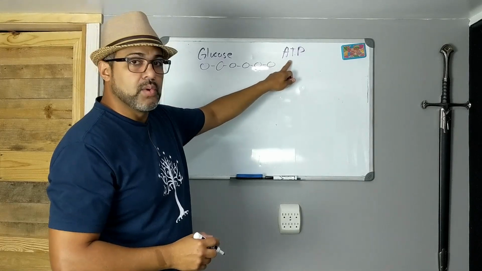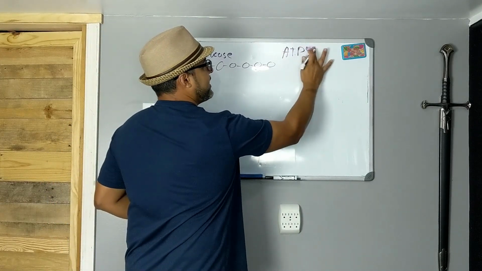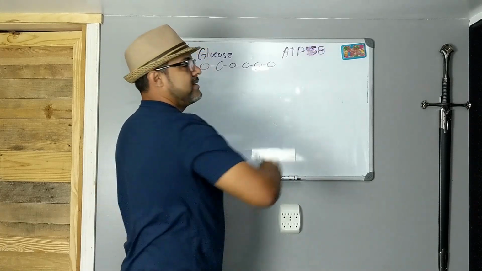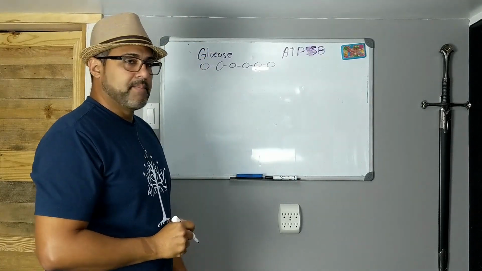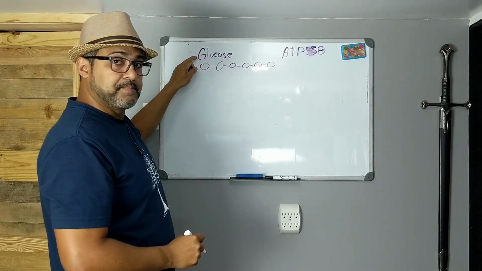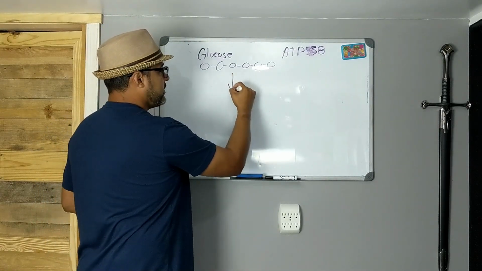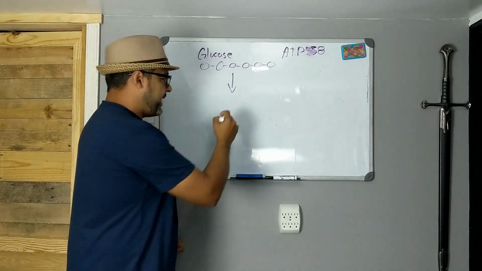And we get up to 30-something, 40 ATPs. Let's say here 38, which is the more basic number, right? 38 ATP per that molecule of glucose. So what happens is, when we start metabolizing the glucose, we produce something called pyruvate.